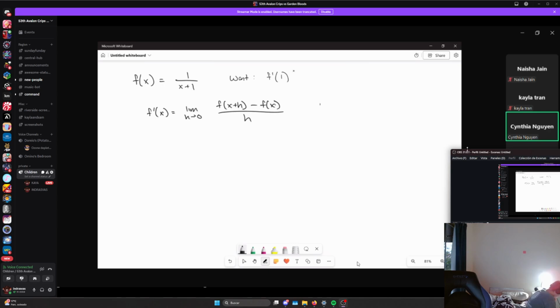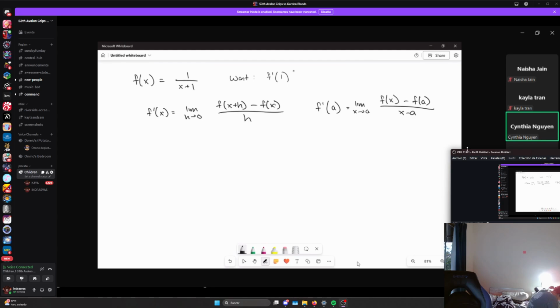The other one is f prime of a, where your a value in this case is 1, equals the limit as x approaches a of f of x minus f of a over x minus a. So these are your two limit definitions. I'll just run through both of them.